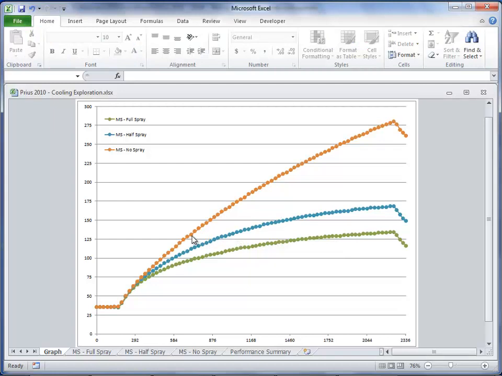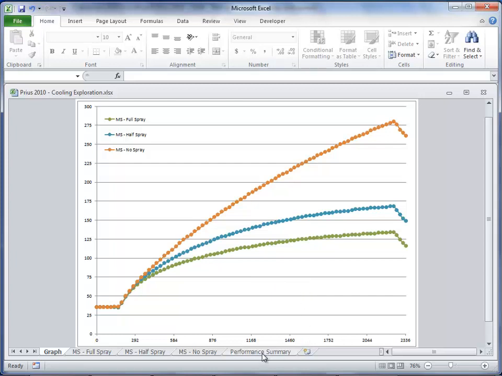If we then look at our no spray case, the motor could function outputting 25 kilowatts for a little over 700 seconds, so roughly 12 minutes or so. This gives you a very good feel for the necessity for cooling and the overall performance hit that you would take as a function of the different kinds of cooling that you might choose.